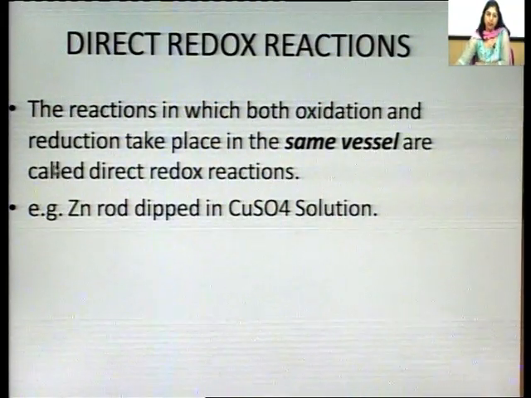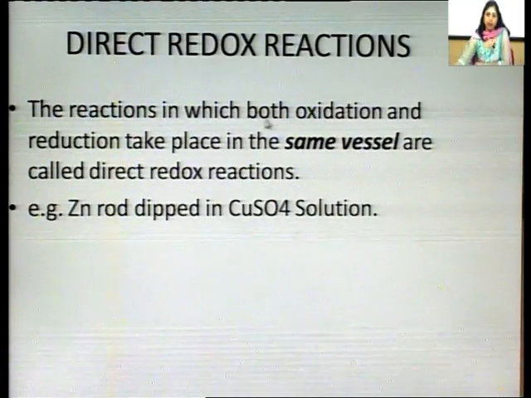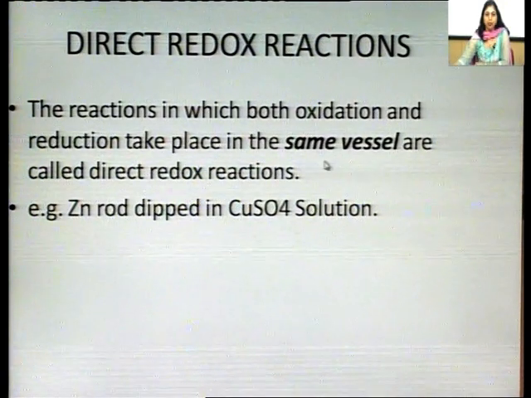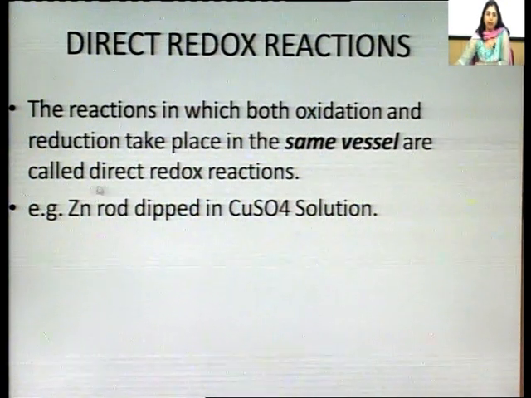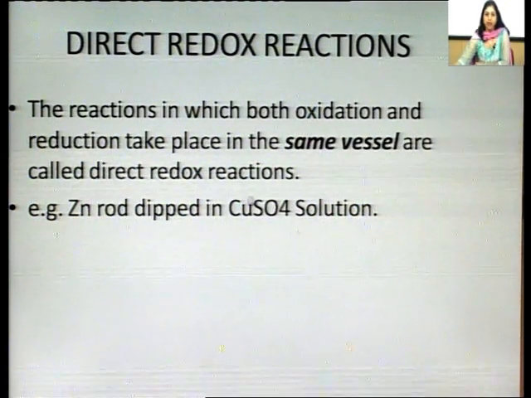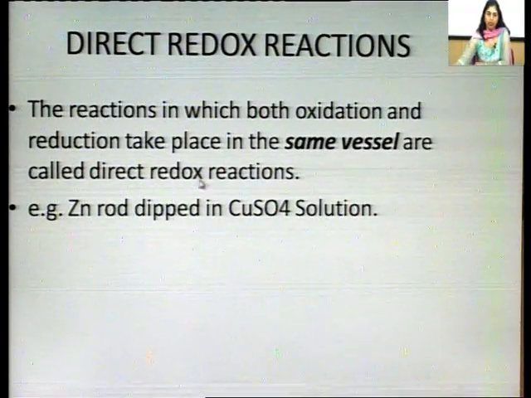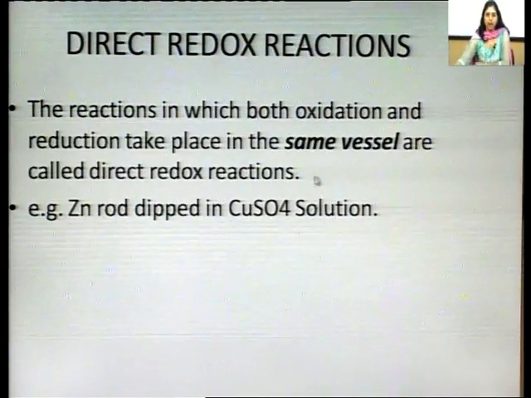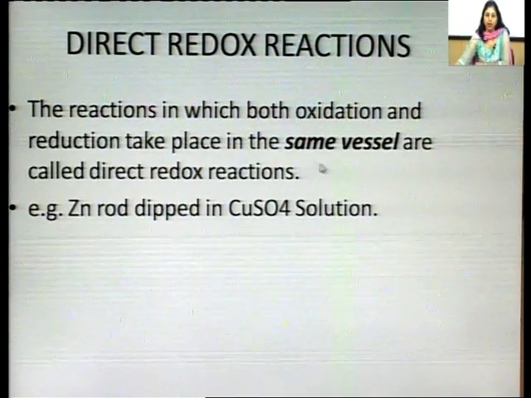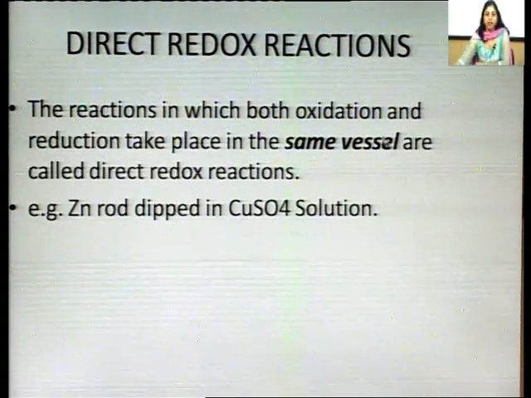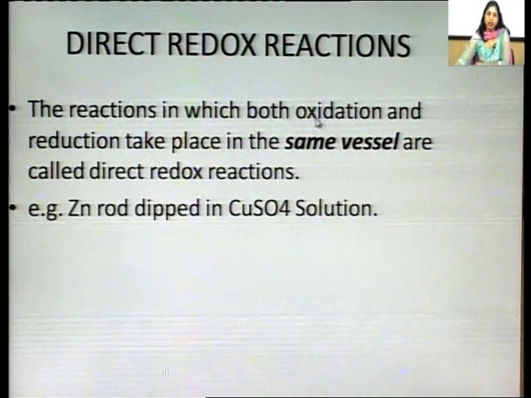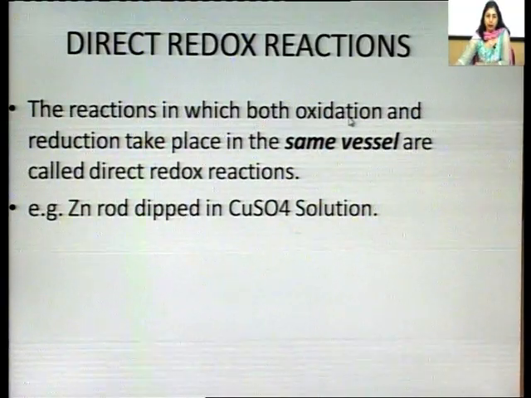Let us see. The reactions in which both oxidation and reduction take place in the same vessel are called direct redox reactions. Meaning both oxidation and reduction are taking place in the same container, you can say in the same beaker. That means they are in direct contact with each other.